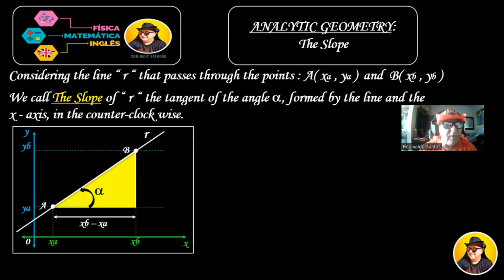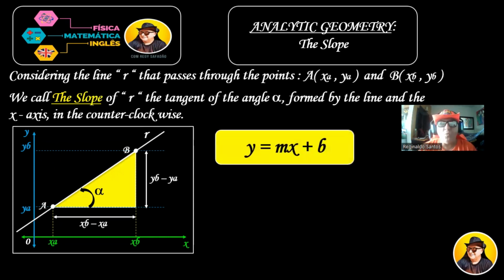Here we have x of B minus x of A as that distance, and also y of B minus y of A. And here we have that y is equal to mx plus b.